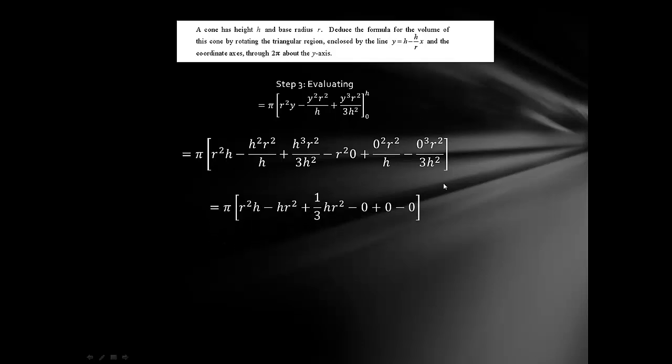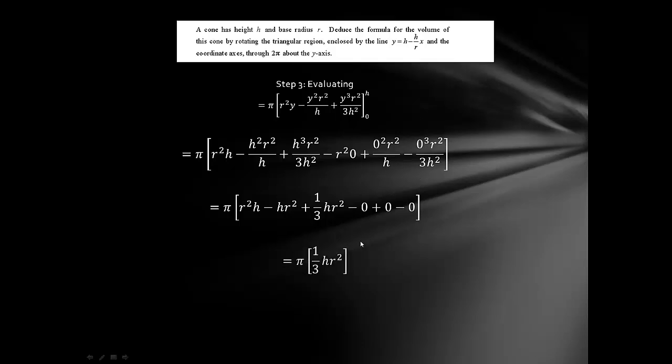Now we simplify to keep things simple. We have pi, again brackets, h crosses out, so we have r squared h minus h r squared. These two can cross out now. We have 1/3, h squared and h cubed cross out, and we have 1/3 h r squared minus 0 plus 0 minus 0.